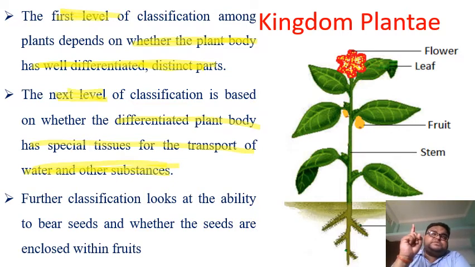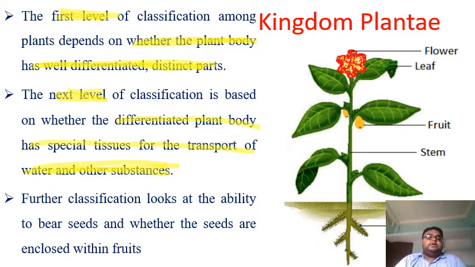So the first level comes what? First level is whether the plant body has differentiated and distinct parts, whether yes or no. And in the next level, what we see is whether or not the differentiated plant body has special tissue for the transport of water and other substances.